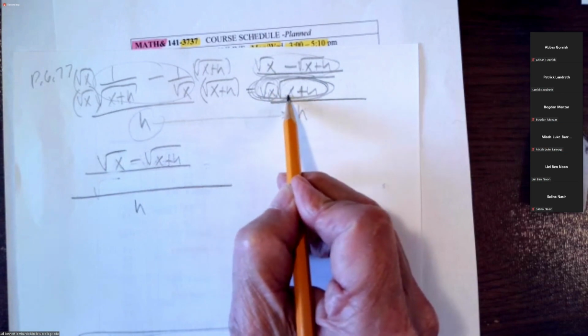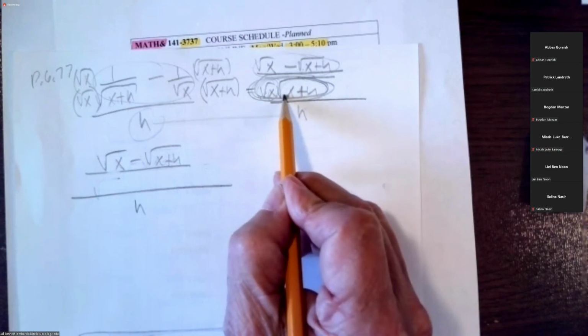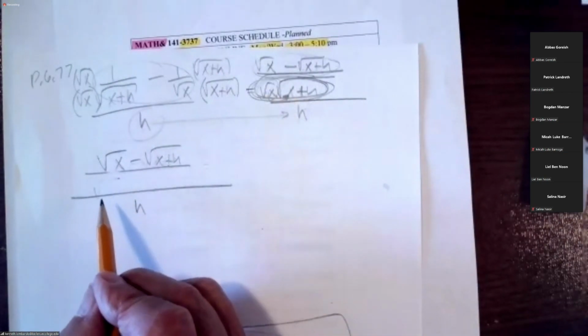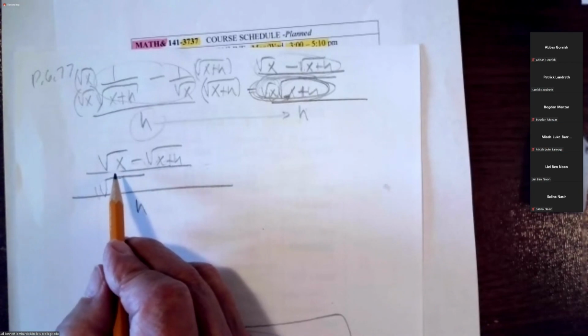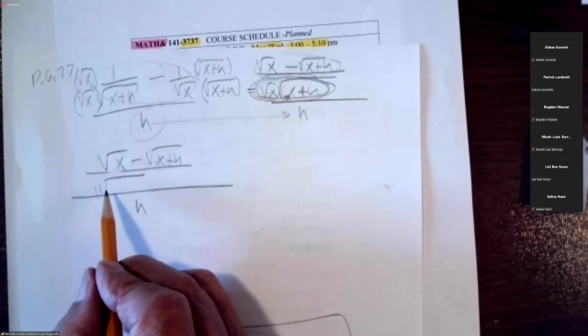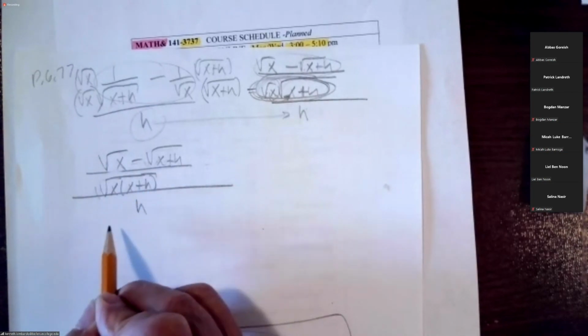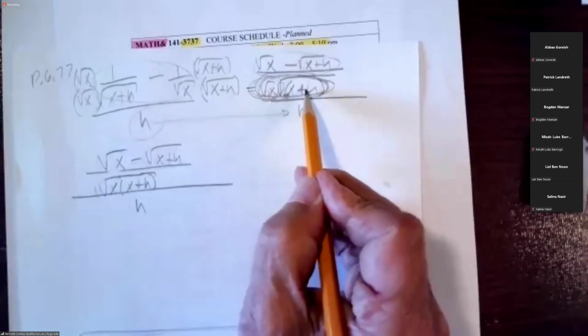So if I move this root inside here, I'm going to end up with x squared. And if I have x squared times x plus h, then I'll have root, and inside that I'm going to have x times x plus h. Just move this under here and multiply it by that thing.